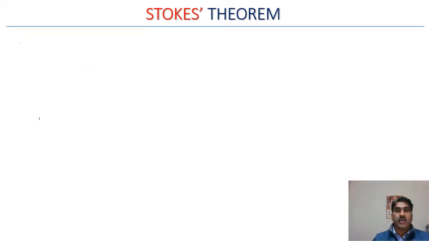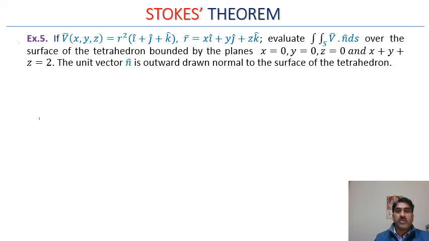Again I am drawing the structure, with the x, y, and z axes. This was how the tetrahedron looks. The front face has the origin, and 2 as the intercept on each axis, so it has the equation x plus y plus z equal to 2.